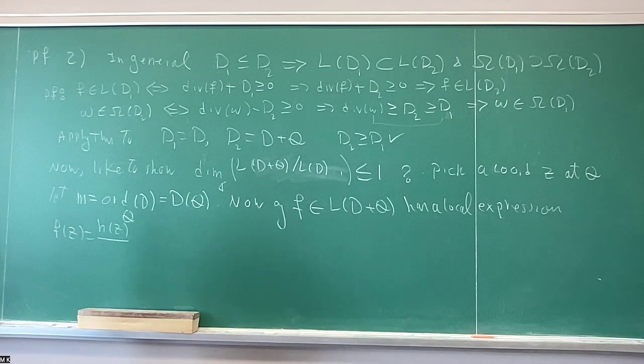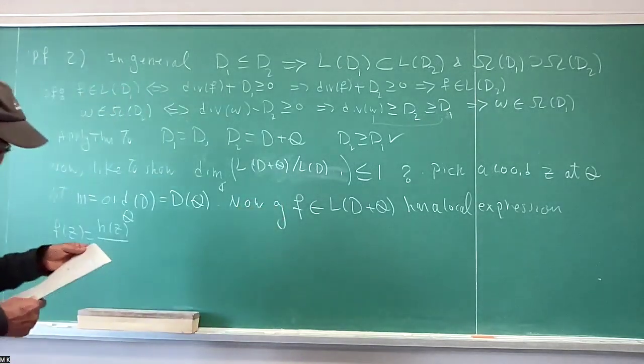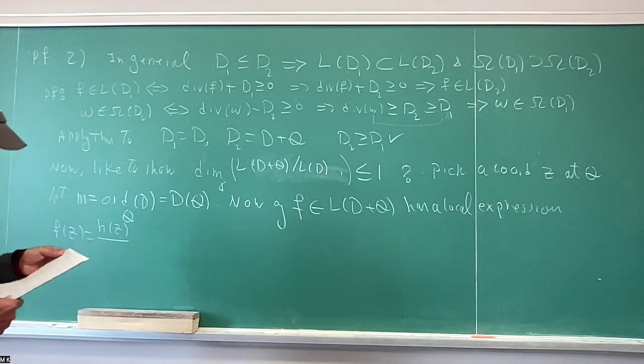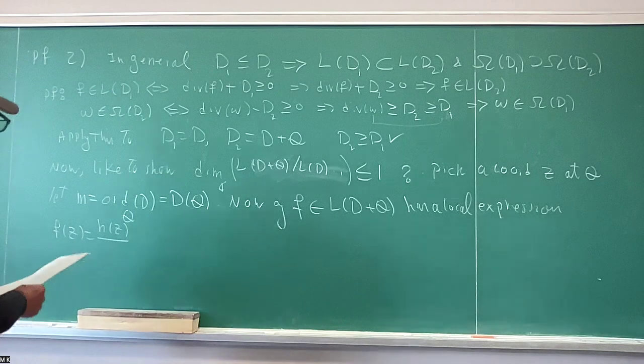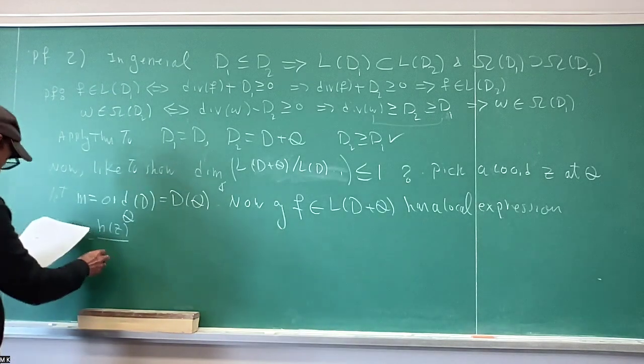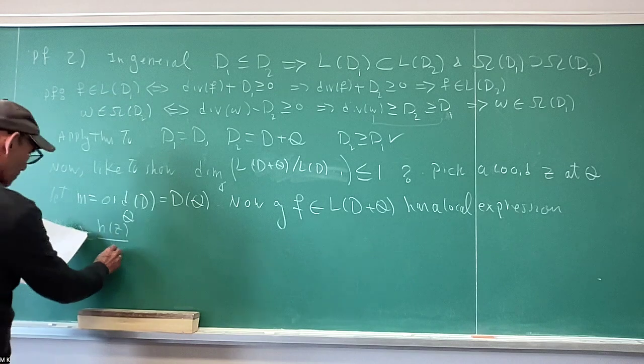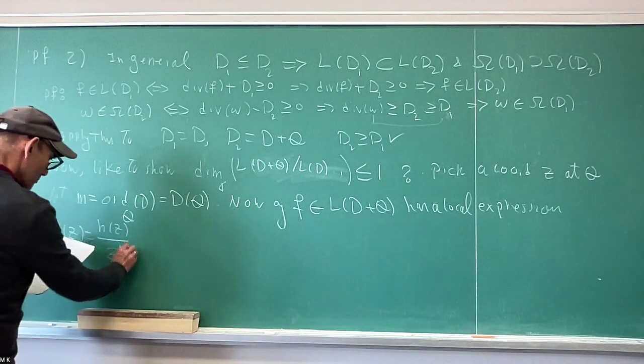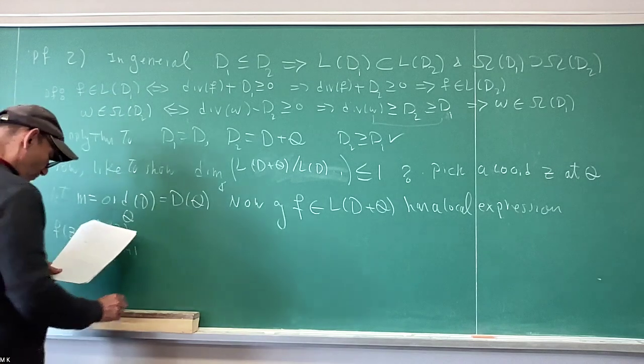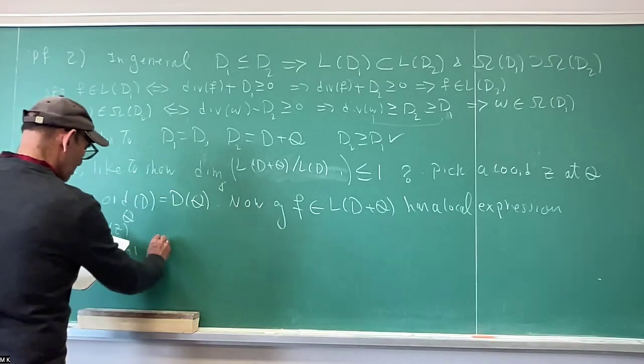We used little t before, so it's actually better to put t here. I was just too lazy to change the notation. So it can be written f of z equal h of z over z to the power n plus 1, with h holomorphic at 0.